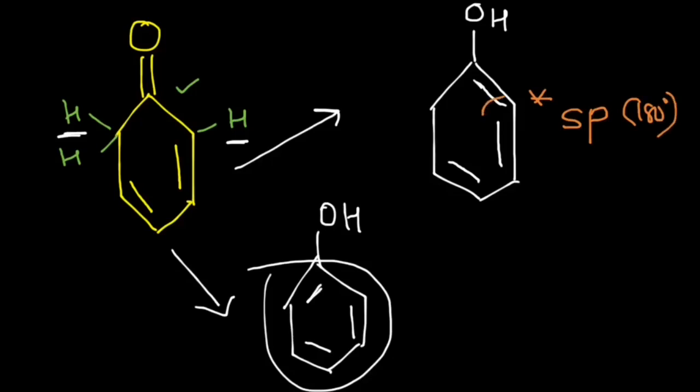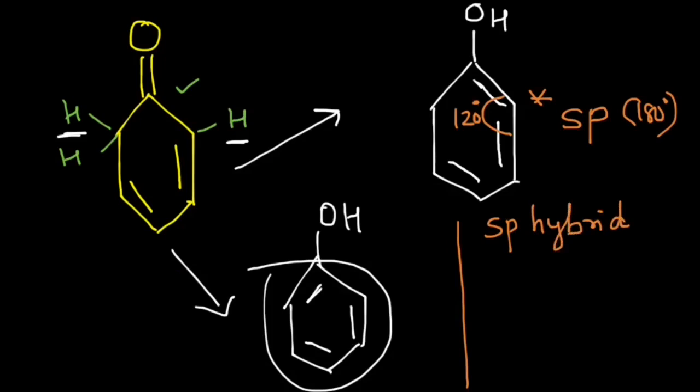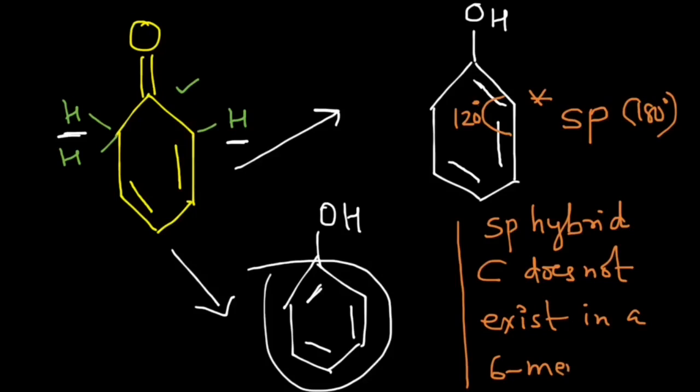But the angle formed here is 120 degrees. So there is too much strain, and this is another important rule. sp hybrid carbon, very important for JEE related questions: sp hybrid carbon does not exist in a 6-membered ring.